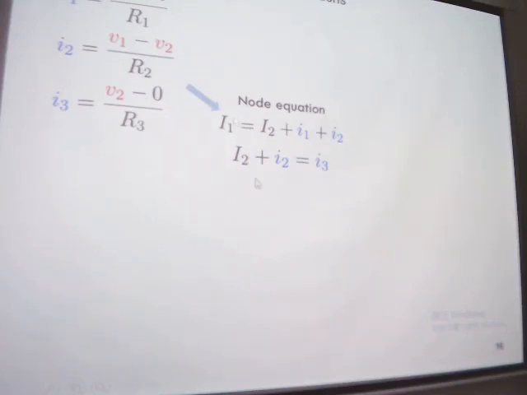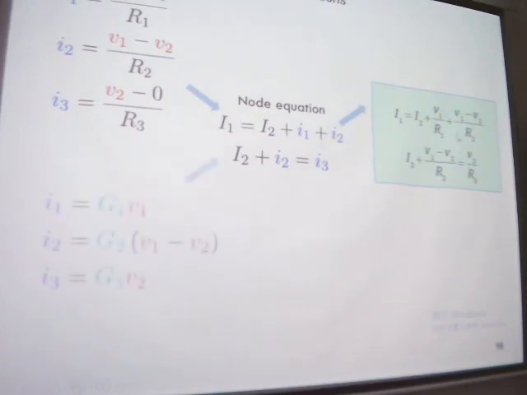And we get node equations like this one. We substitute this equation into the KCL equation, and then we get the node analysis equation like this one.